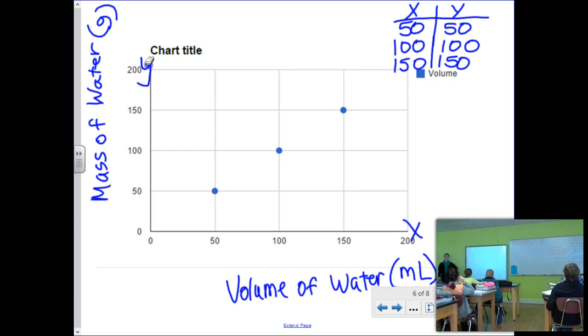Do you know what I like about that? She's telling me that I'm dealing with mass and volume, and I'm looking at that relationship. Some people just wouldn't say mass versus volume. I could be talking about the mass versus volume of my brain, or my eyeballs, or my feet. You don't know what that is. So we need to make sure that it's very, very specific. We're looking at the mass versus the volume of water.